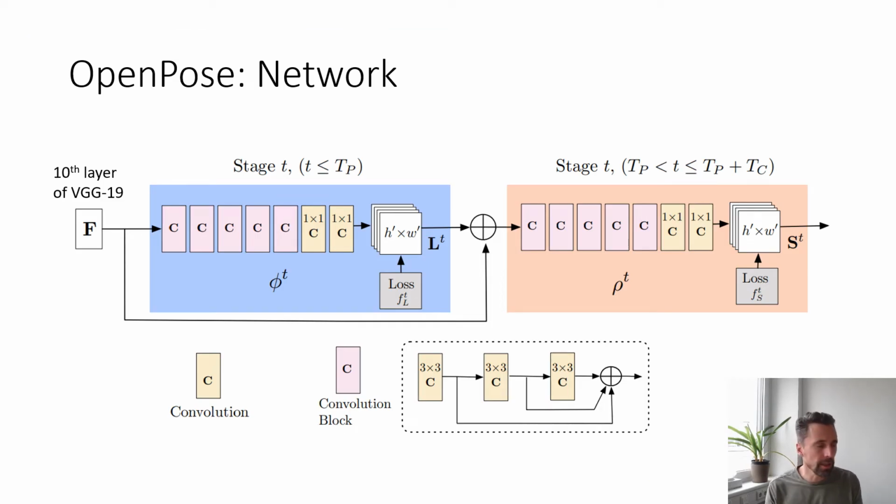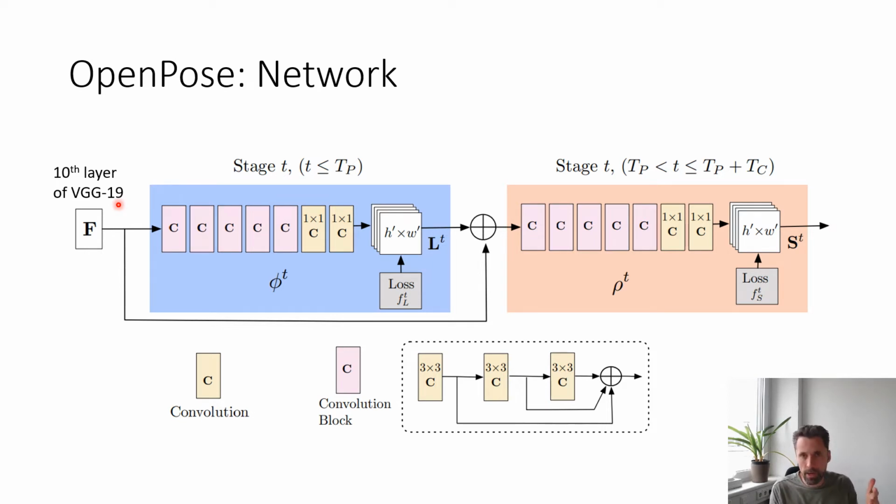Now, first, let's have a look at what this network looks like. First, we take a VGG19, and in the lecture, I learned that most of you don't know what VGG19 is. Please have a look at one of those earlier lectures on convolutional neural networks for image classification. VGG19 is a 19-layer deep ConvNet that you can download pre-trained and use for encoding your image, right?